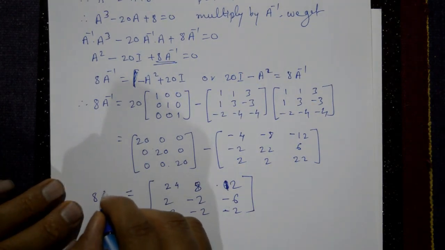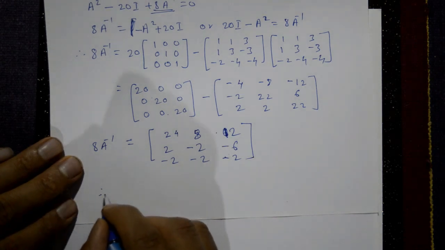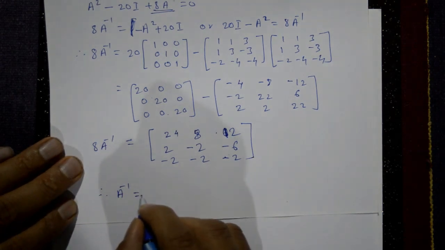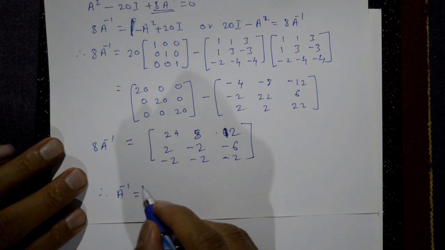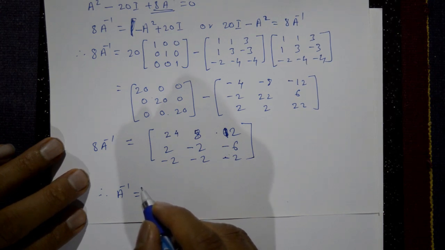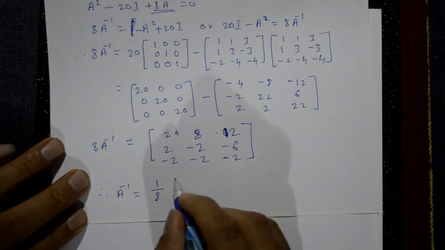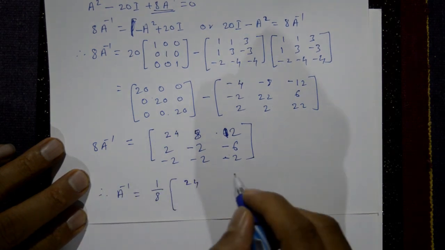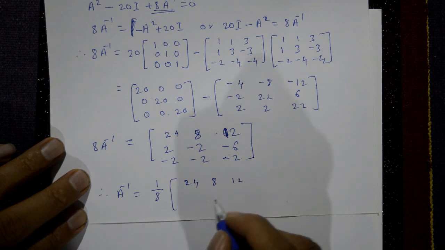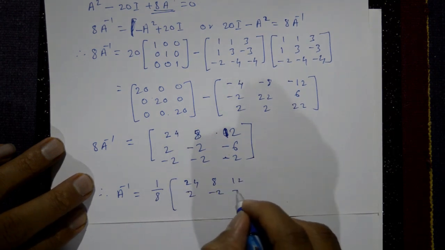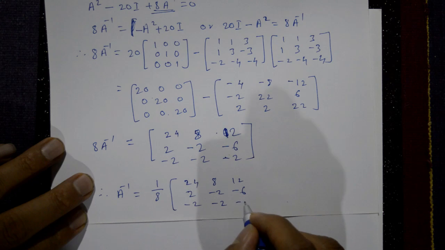So 8A inverse, and therefore the inverse of A is 1 by 8 multiplied by 24 8 12, 2 minus 2 minus 6, minus 2 minus 2 minus 2.